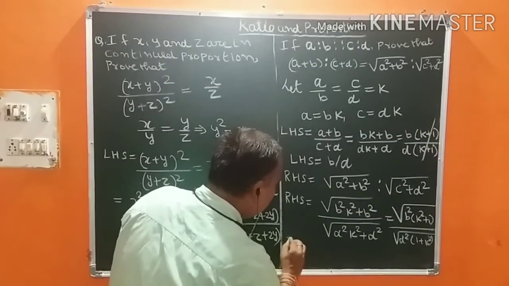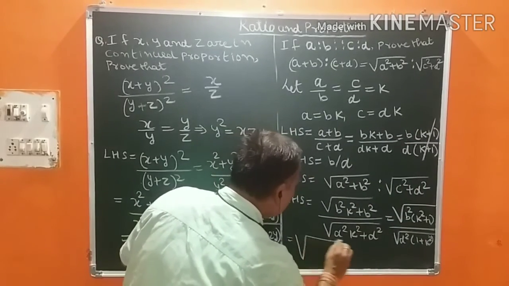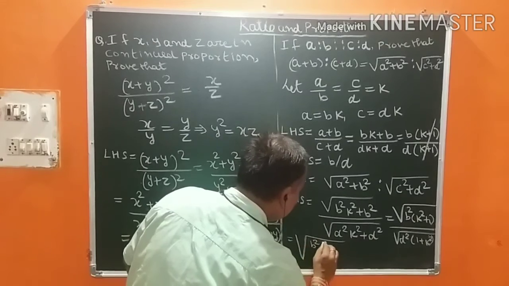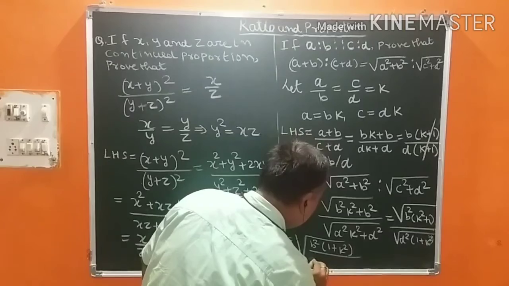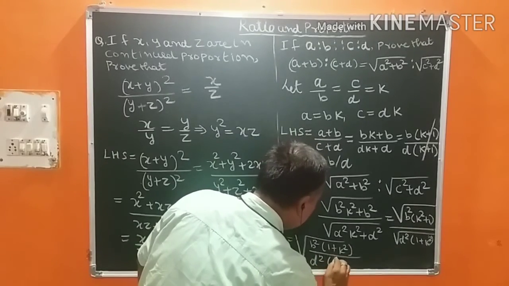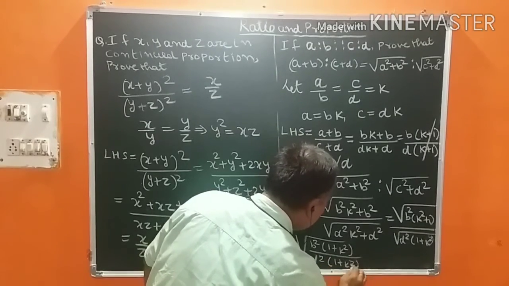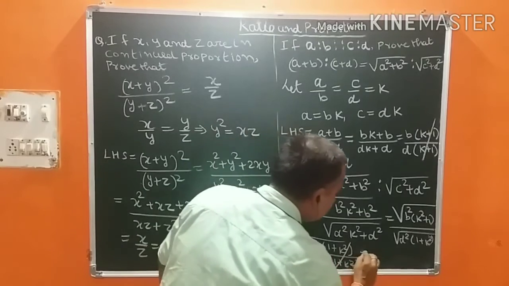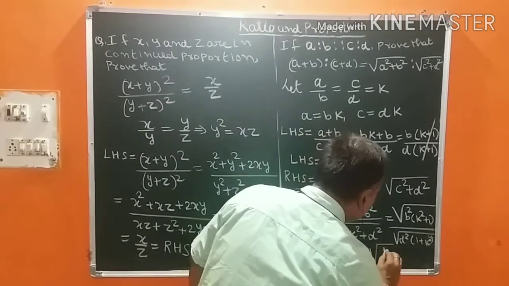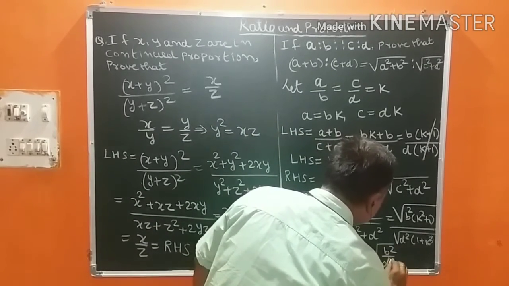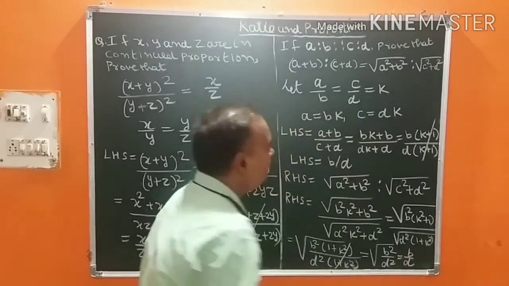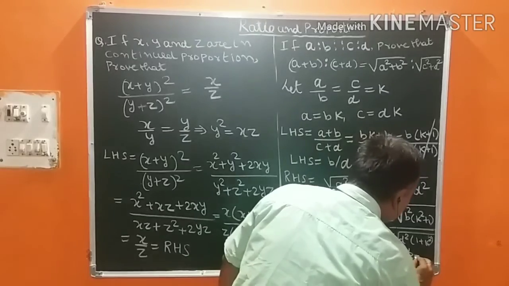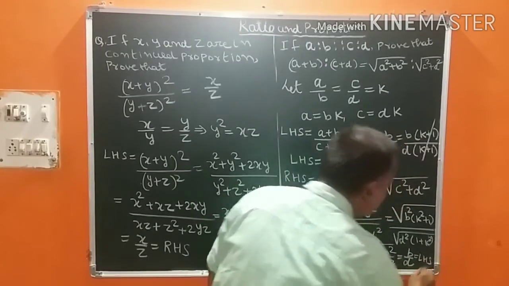So we can write under root b square into 1 plus k square upon d square into 1 plus k square. It will be cancelled. So that is under root b square upon d square, or we can write that is b upon d, and that is equal to LHS.